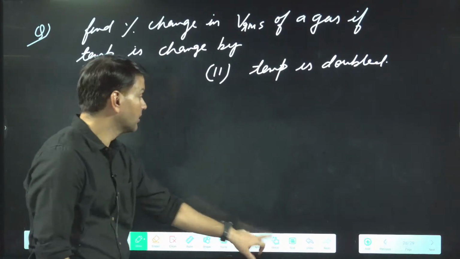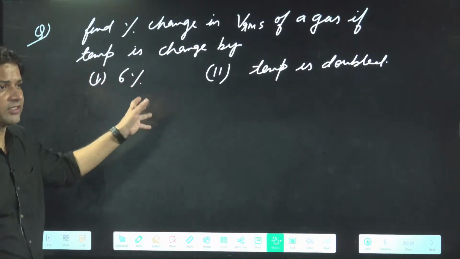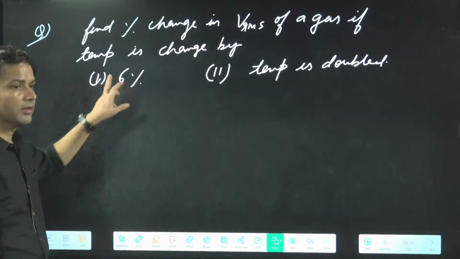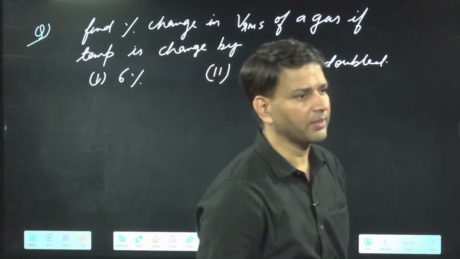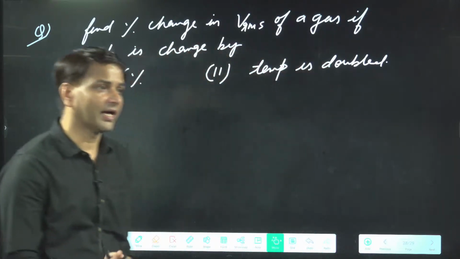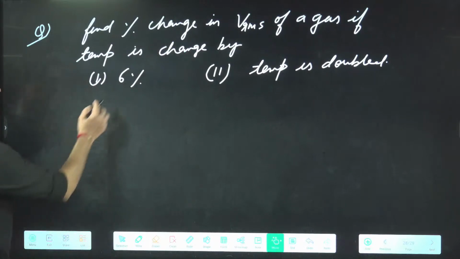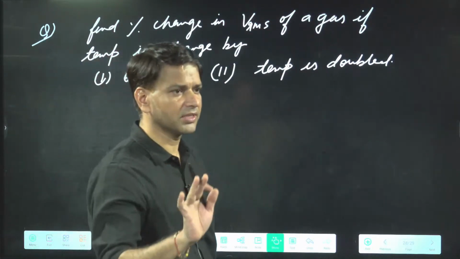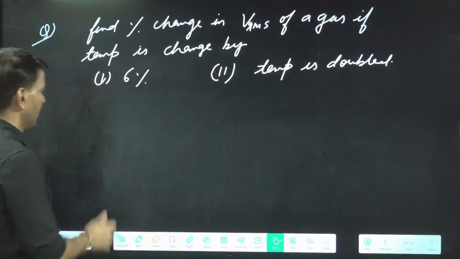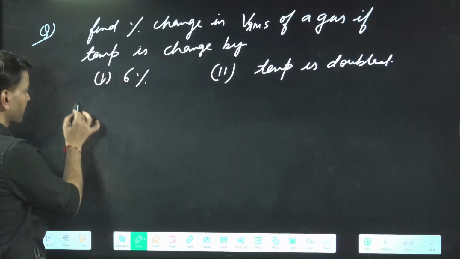So here, what is the difference in these two problems? Here the percentage change they have given is small, like 6%. And in the second problem they are saying the temperature is doubled. So in the earlier lesson I said that when the percentage change given is very small, up to 10% or less than 10%, we can use an approximation.